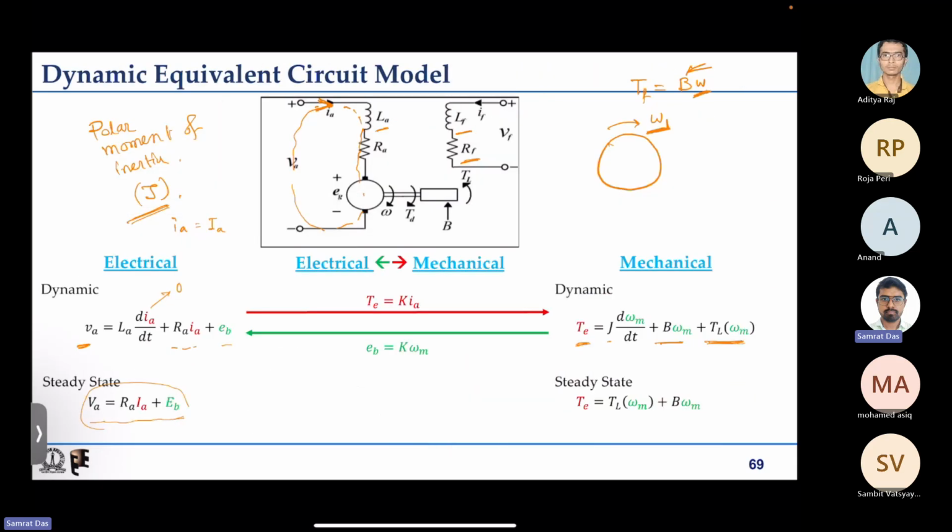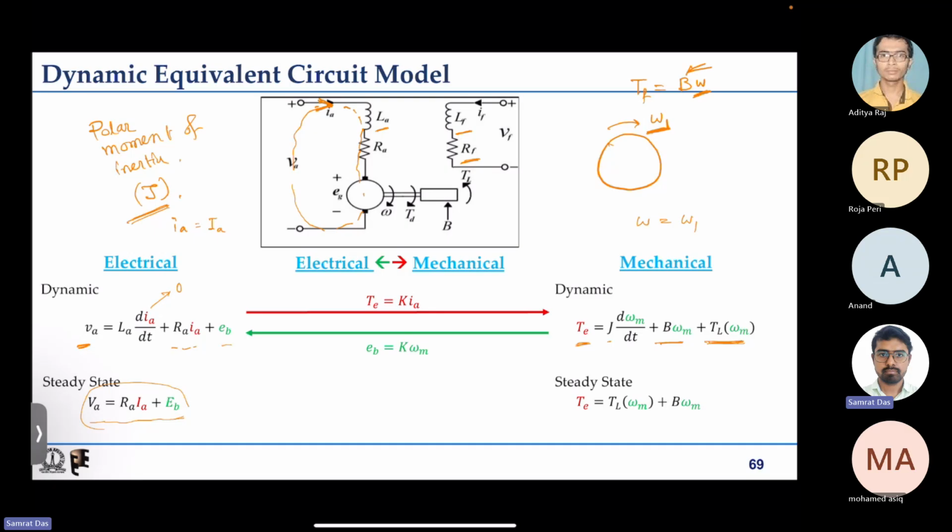Similarly, if we have reached steady state, omega is some constant omega 1, then d omega/dt is 0, so this term goes to 0. Then Te is equal to TL plus B omega. If the motor is running in motoring mode, the electromagnetic torque has to supply the mechanical load torque as well as overcome the friction.